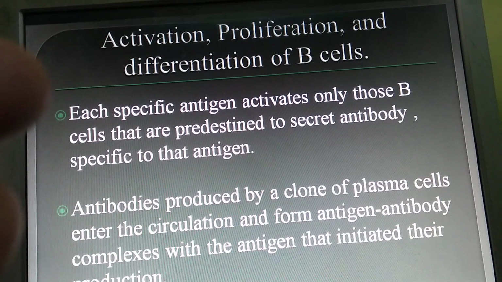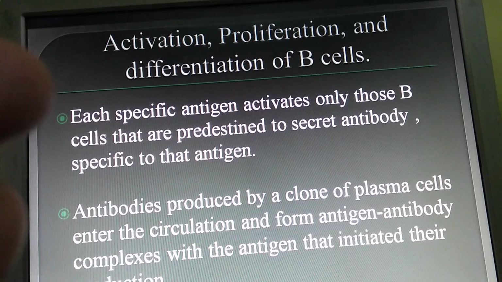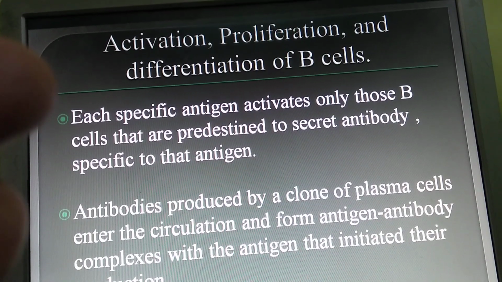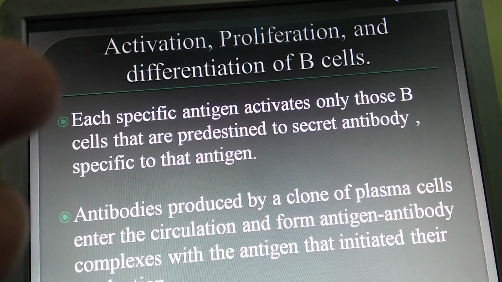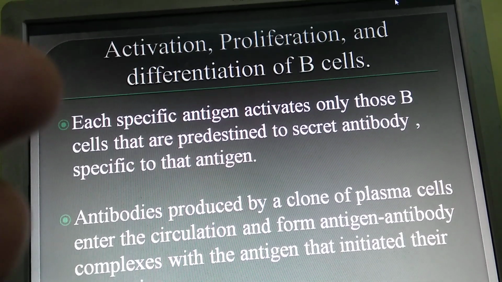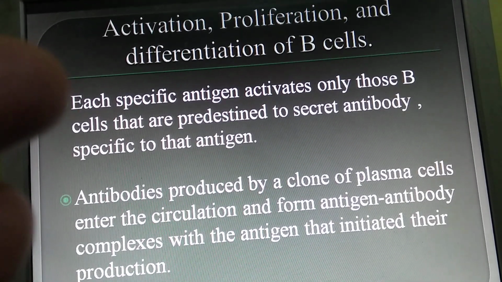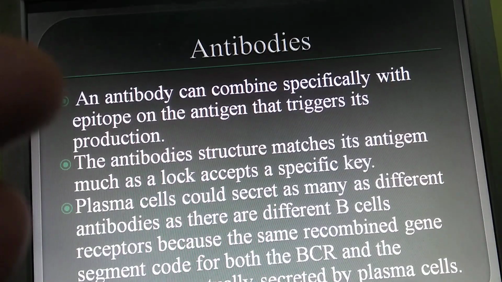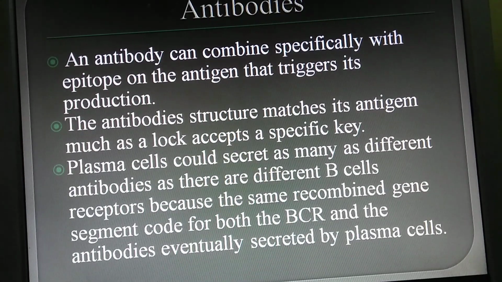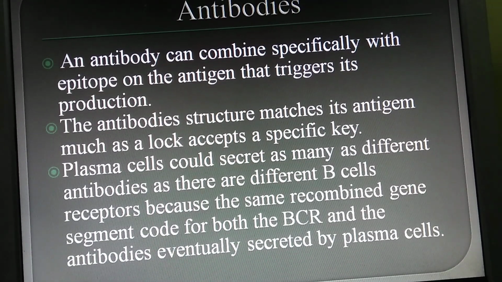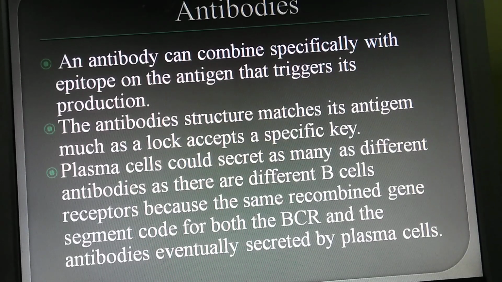Now, each specific antigen activates only those B cells that are predestined to secrete antibody specific to that antigen. Antibodies produced by the clone of plasma cells enter the circulation and form antigen-antibody complexes with the antigen that initiated their production. Antibodies can combine specifically with the epitope on the antigen that triggered their production.